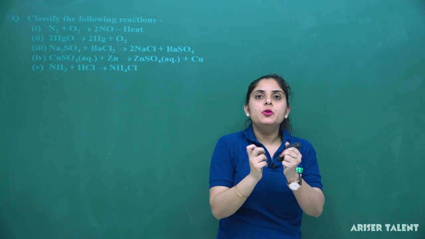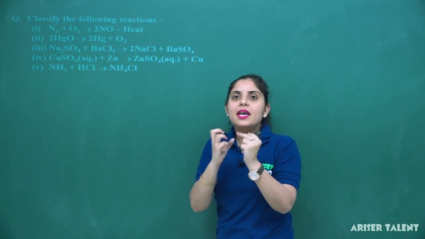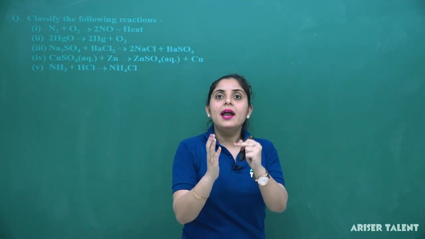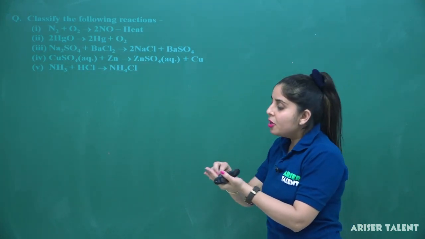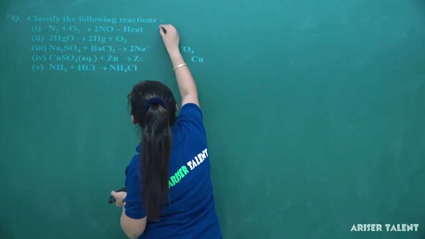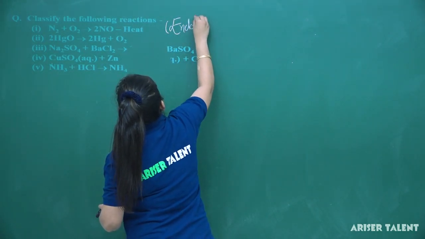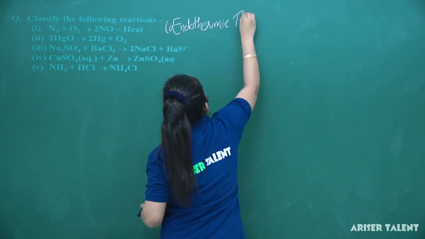We have two categories of reaction, exothermic and endothermic. Exothermic reactions are the reactions in which heat is evolved, and endothermic reactions are those in which heat is taken in. So the first reaction is endothermic, so the correct answer is endothermic reaction.